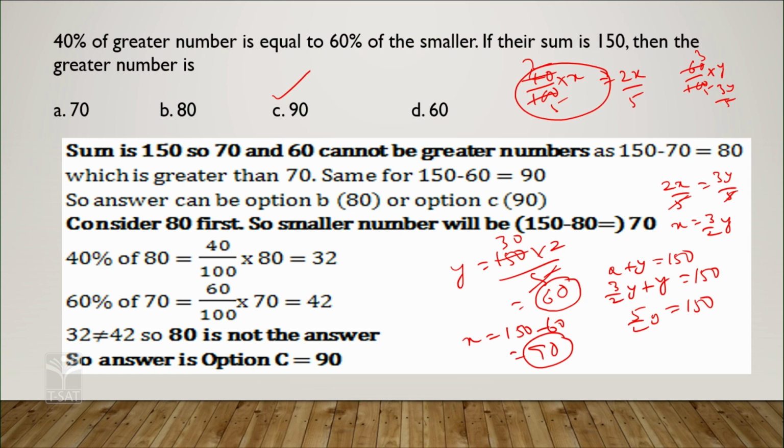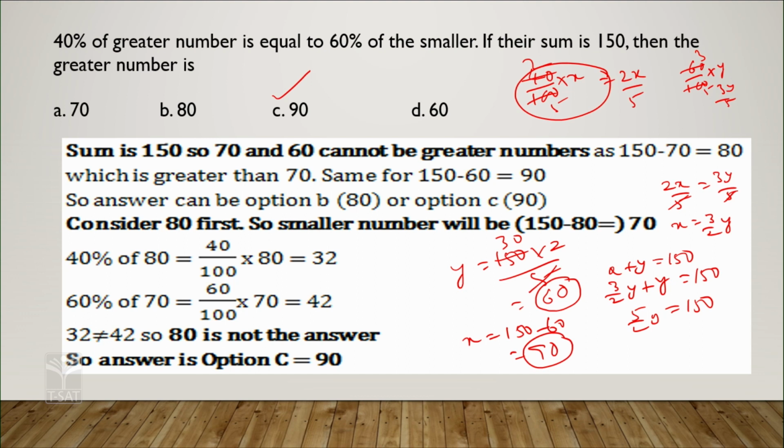So, 70 is ruled out. If you take 60 as the greater number, then the other number should be 150 minus 60, 90. So, it is not possible. You can simply rule out 70 and 60. There are two possibilities: one is 80, another one is 90.